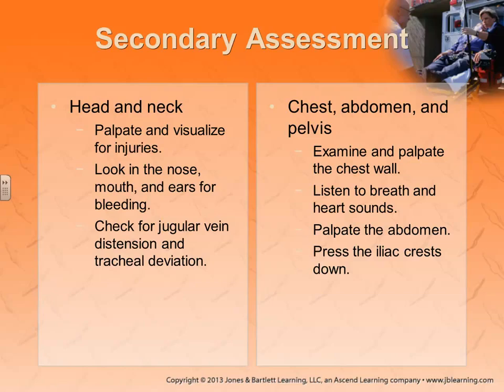All right? On your abdomen, we're palpating, right? We're listening. Not really going to be able to percuss too well. When we move on down to the pelvis, we're checking for pelvic stability. If it's unstable, we don't press on it again, right? We don't cause further damage. What's important to remember about the pelvis? If we feel pelvic instability, we need to be concerned with what? Bleeding.